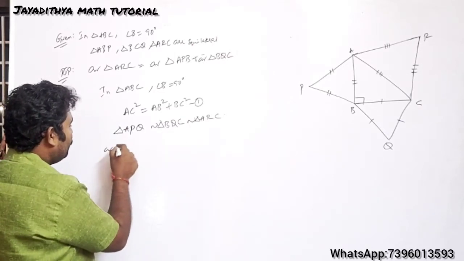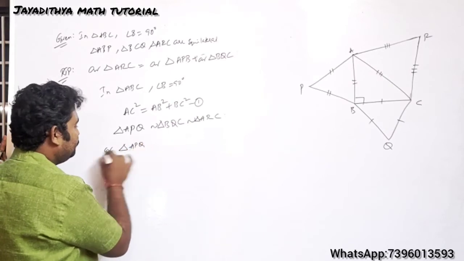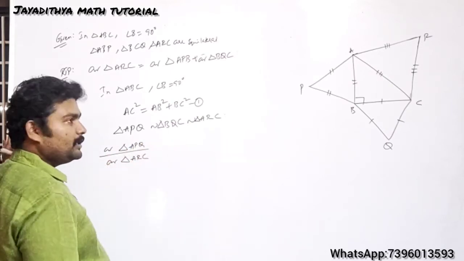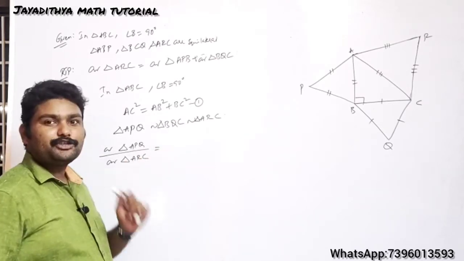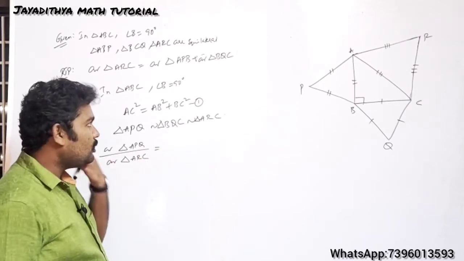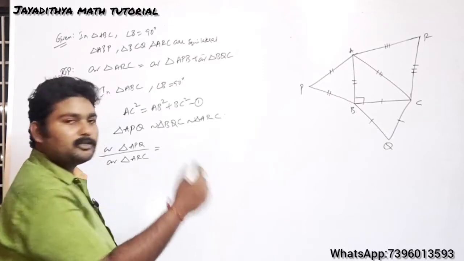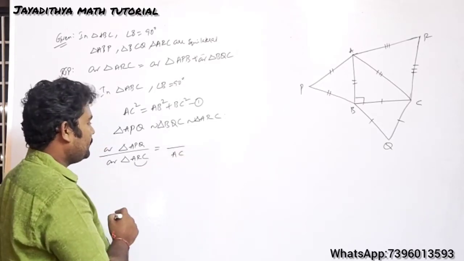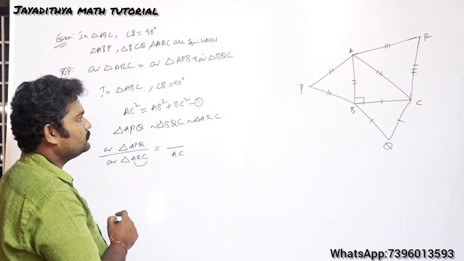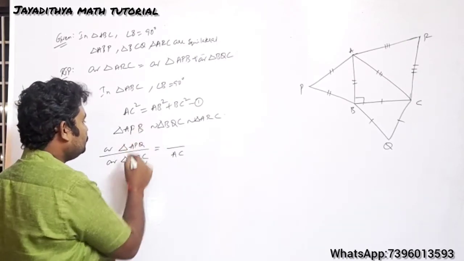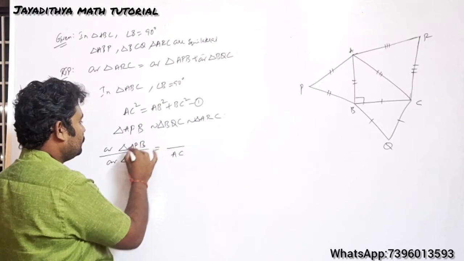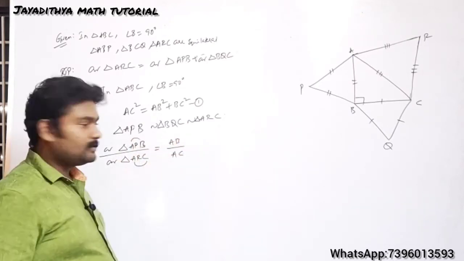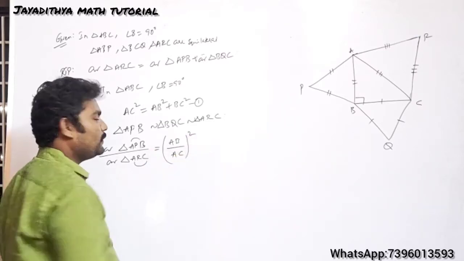So what happens here? Area of triangle APB by area of triangle ARC is equals to what? Areas ratio must be equals to the square of the ratio of their corresponding sides. So I am taking the corresponding sides here as AB and AC.